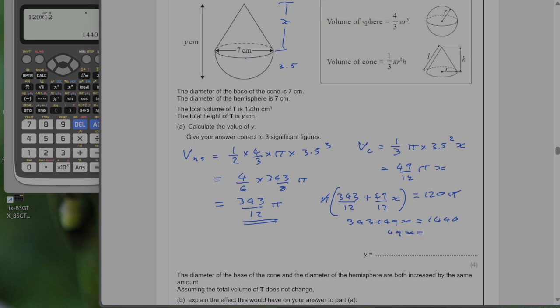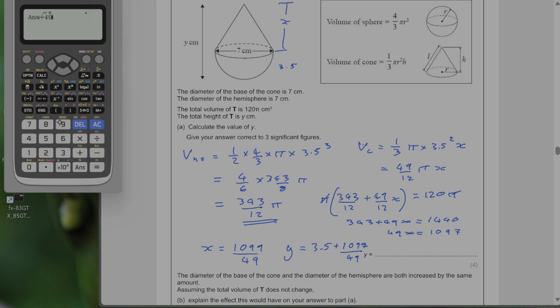Which means then that 49x is going to be equal to this value minus 343. So that's going to be equal to 1097. So x then is going to be equal to 1097 over 49. So y is going to be equal to 3.5 plus 1097 over 49. So let's do that then.